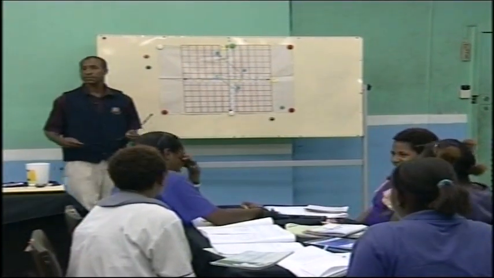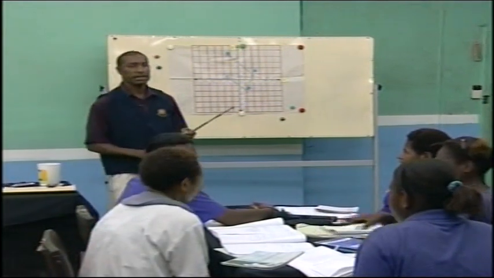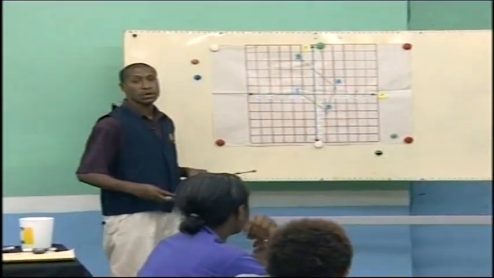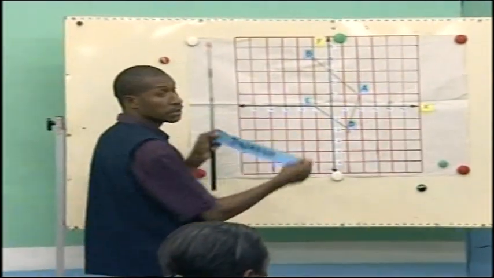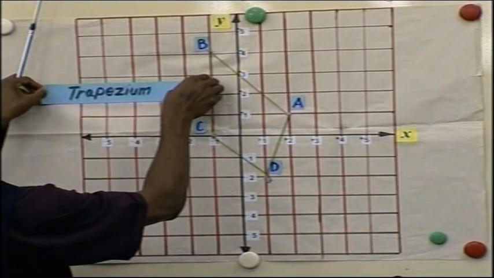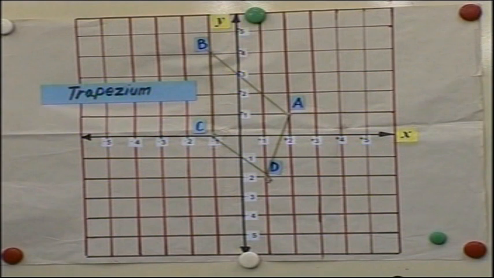Laylen says trapezium. Receiving students and 7, the shape that is being formed is called a trapezium. A trapezium is one of the quadrilaterals, which has 4 sides. So the shape that is formed by joining the 4 points is a trapezium.